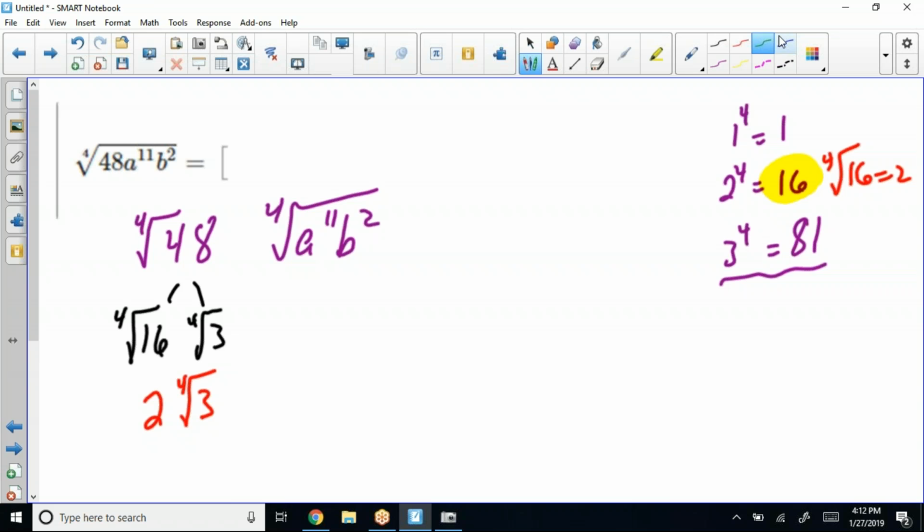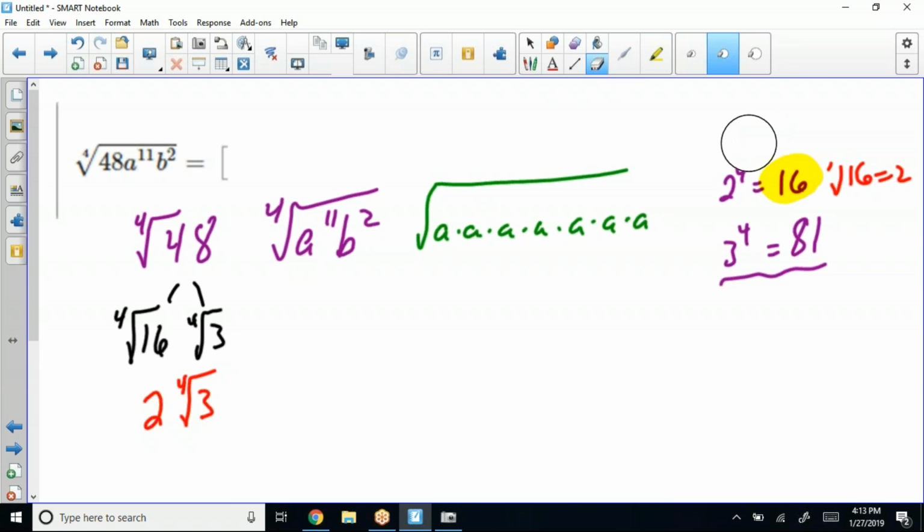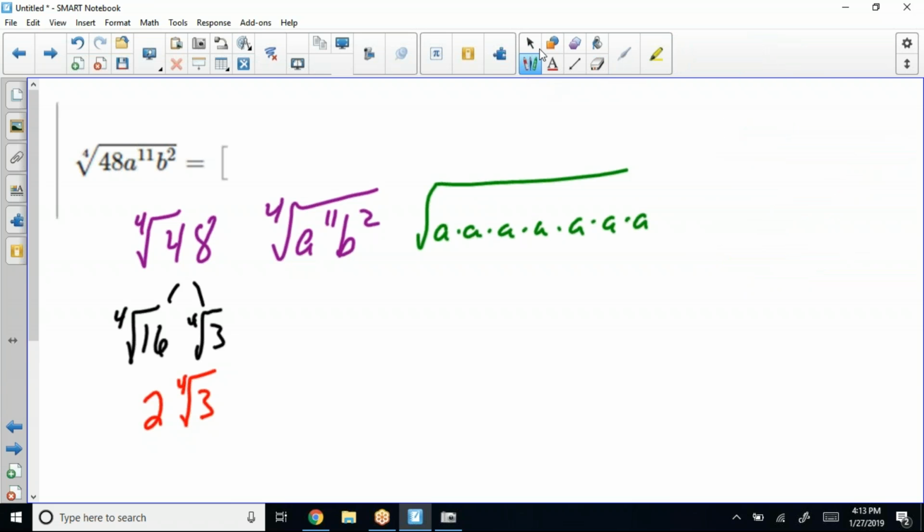I can show you two trains of thought here. Let me do this. Go A times A times A times A times A times A times A. So if it says the 4th root, you have to do pairs of 4?